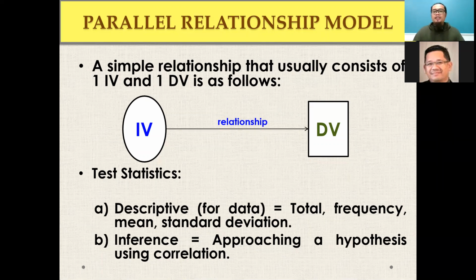Approaching a hypothesis using correlation, from this figure we can see that one hypothesis can be proposed to show the relationship between IV and DV using correlation analysis. This method for direct relationship, we call parallel relationship models.